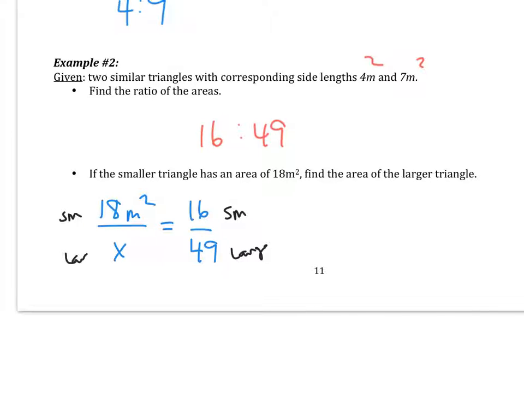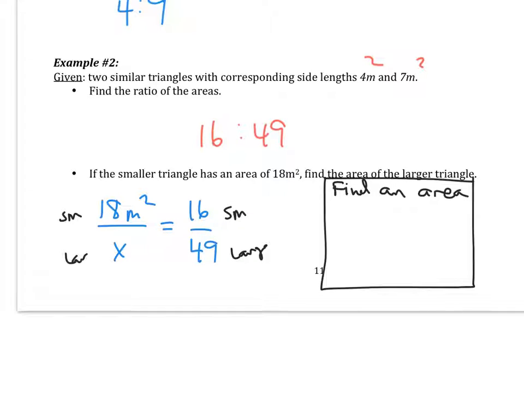Okay. All right, so here is the big idea, okay? When you want to find an area, here is what you are going to do. Big idea is you are going to do a squared over b squared, the ratio of the areas. Okay, and that is your 16 and 49, or in this case, 4 squared over 7 squared, because A is 4, B is 7.